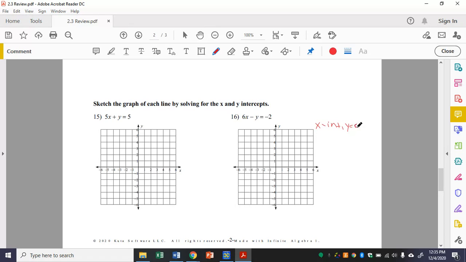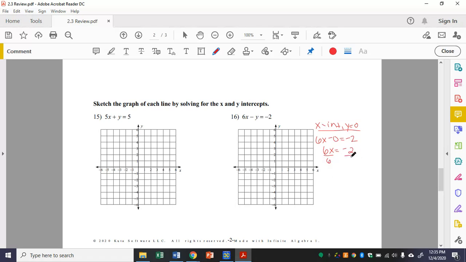It doesn't matter where I'm sitting on my x-axis, the y is always equal to 0. So I'm going to take 6x, plug 0 in for y, and set it equal to negative 2. Now 6x minus 0 is just 6x, so I get 6x equals negative 2.